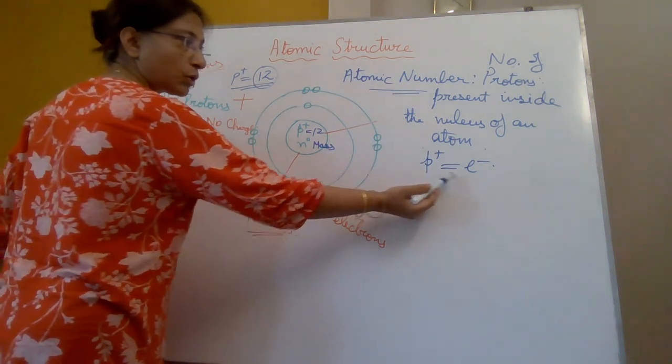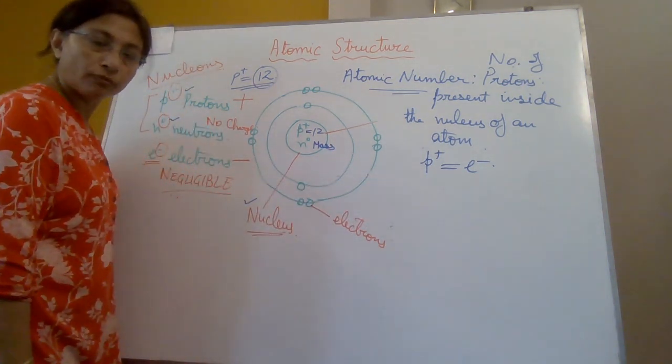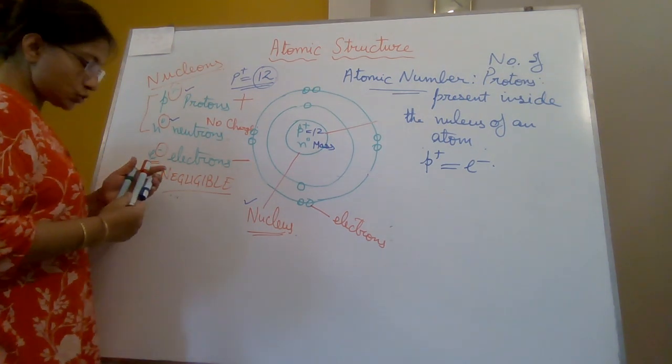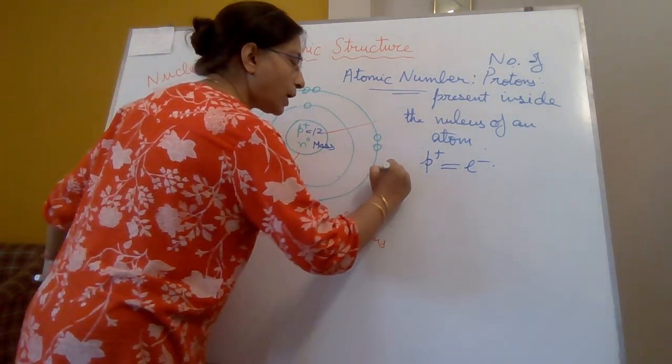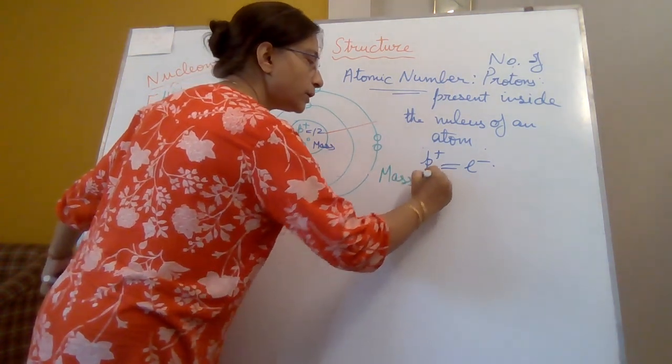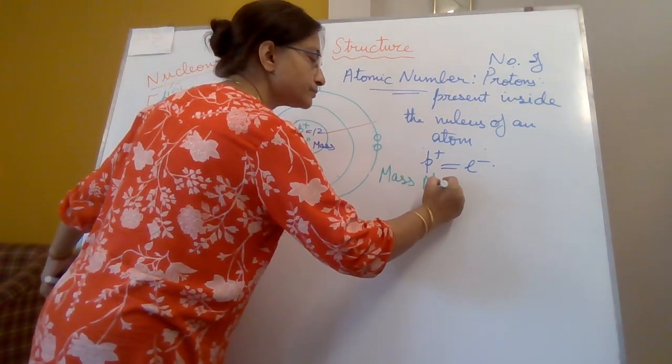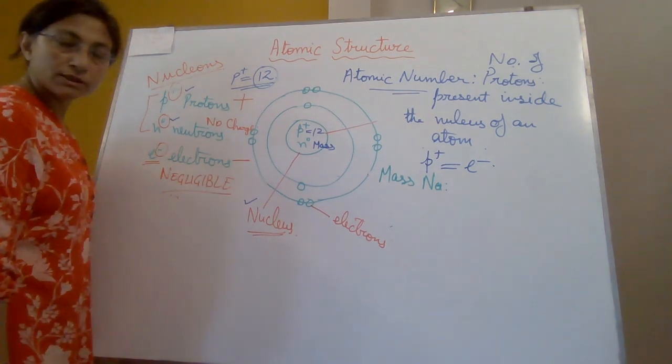However, yes, the number of protons is equal to the number of electrons. Now let us talk of the second term, which is mass number. Now what is mass number?